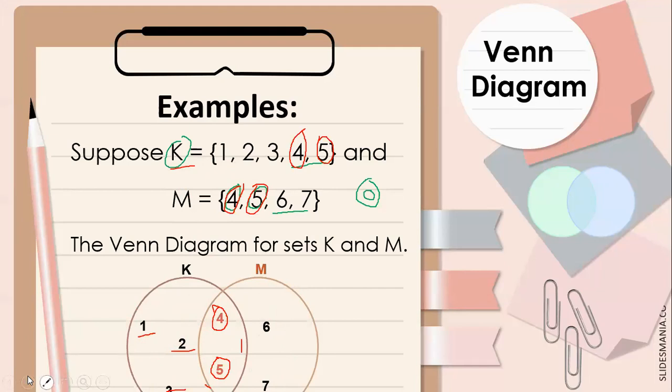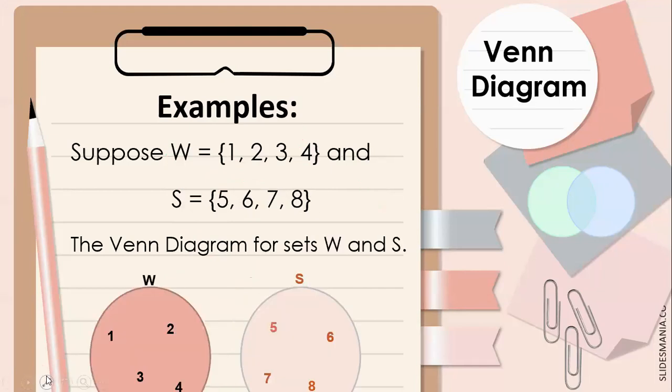Clear na? Okay. And then, next we have, suppose set W equals the elements of 1, 2, 3, 4 and S equals 5, 6, 7, and 8. Bakit hindi na po sila magkadikit, teacher? Kasi nga, wala silang similarity. Very good.